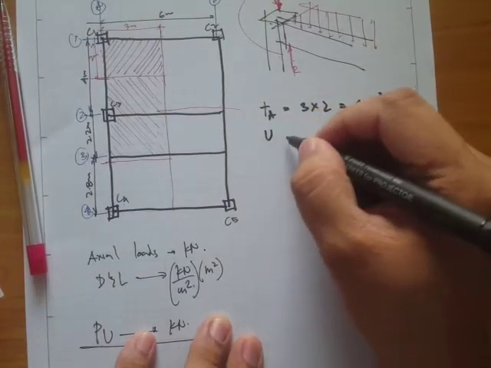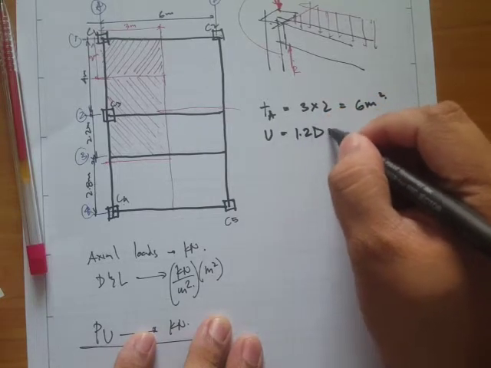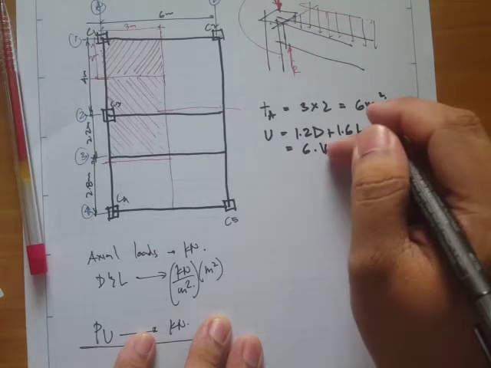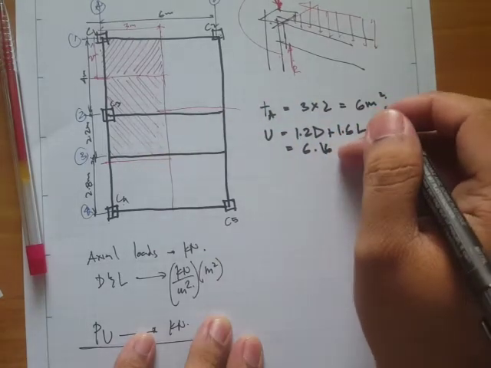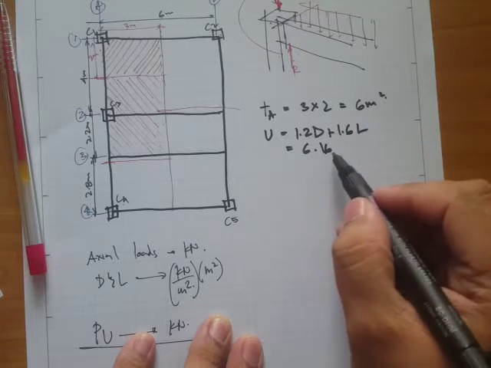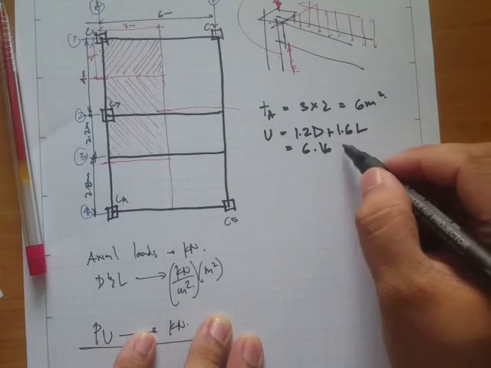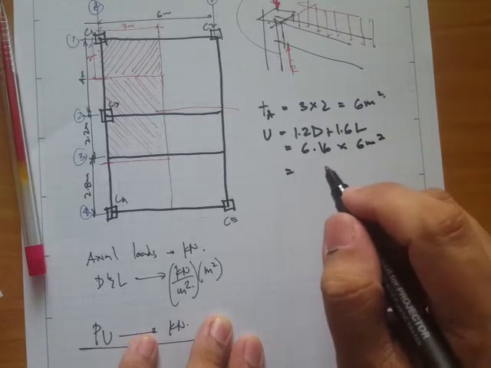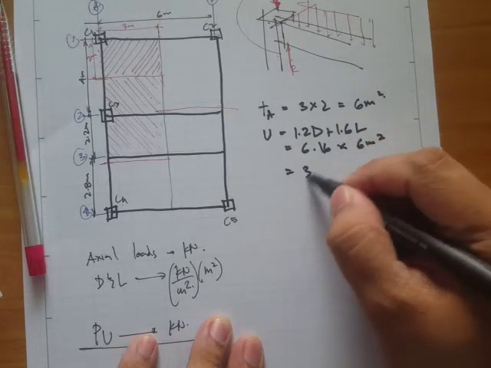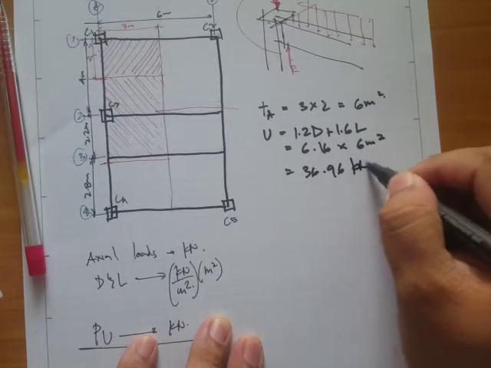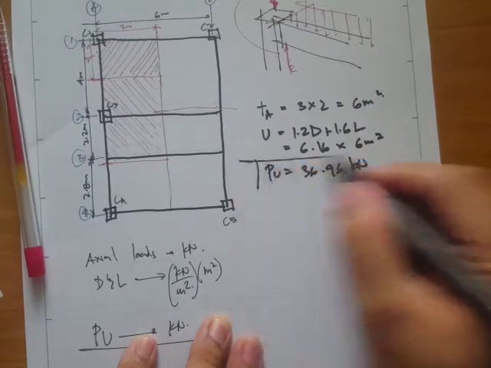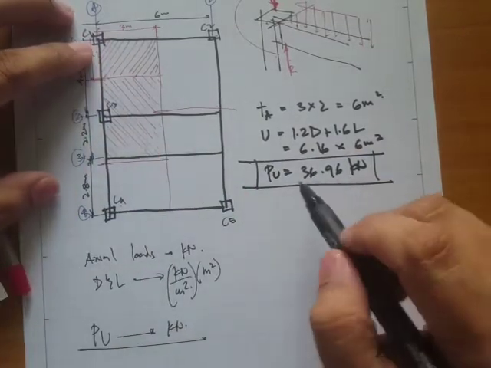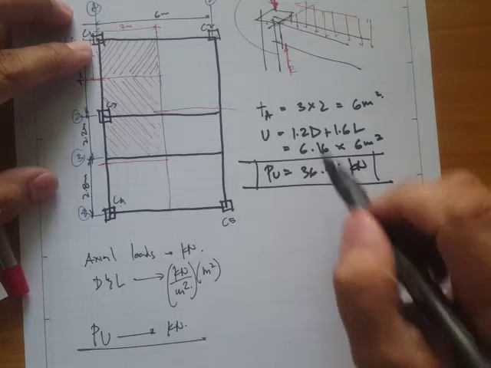Or we can compute the factored load: 1.2 dead plus 1.6 live is 6.16 from the earlier values that we had. So 6.16 times 6 is 36.96 kilonewton, right? This is the amount of factored load that is going to be carried by this column.